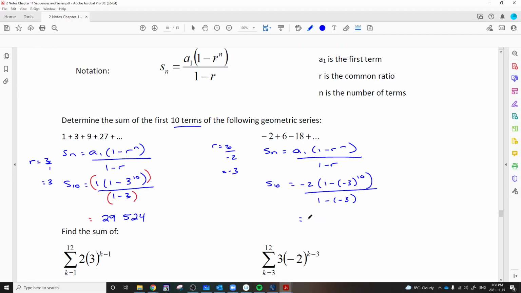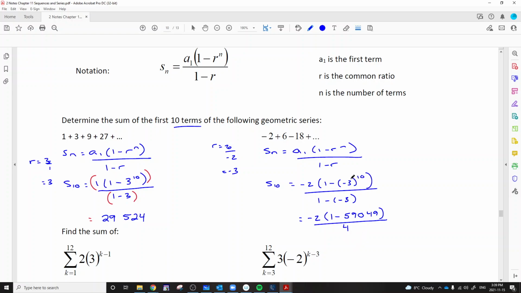So what happens is I've got negative 2 bracket 1 minus, now this is positive because it was an even exponent. Any negative base to an even exponent comes out positive. So 59,049 all over 1 plus 3 is 4.